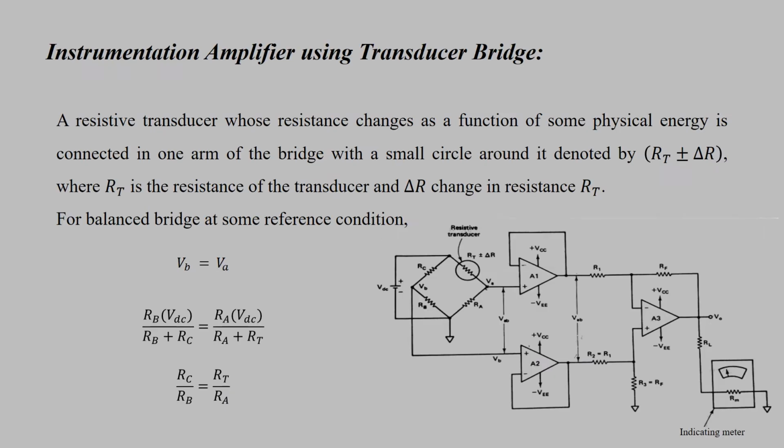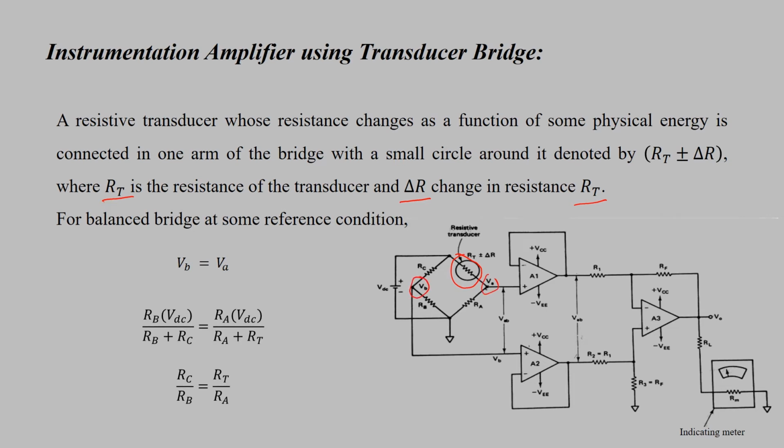A resistive transducer whose resistance changes as a function of some physical energy is connected as one arm of the bridge, which is shown as a circle and is denoted by RT plus or minus delta R, where RT is the resistance of the transducer and delta R is the change in the resistance RT. For a balanced bridge at some reference condition, VB will be equal to VA.